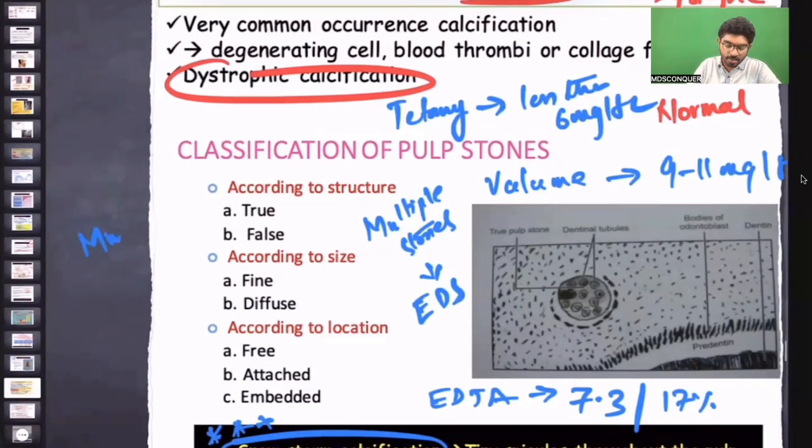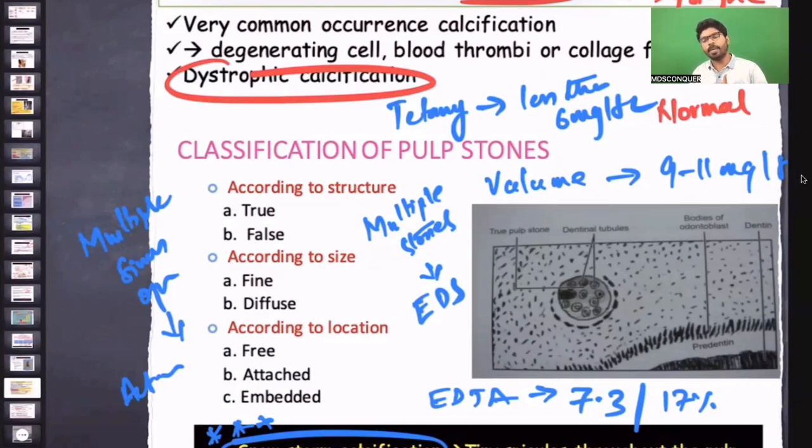Multiple sinus openings. Yes, multiple sinus openings with sulfur granules are seen in the case of actinomycosis. Okay. What is the drug of choice for actinomycosis? Very good. Penicillins. Very good.